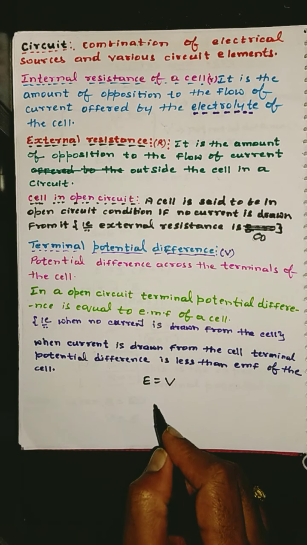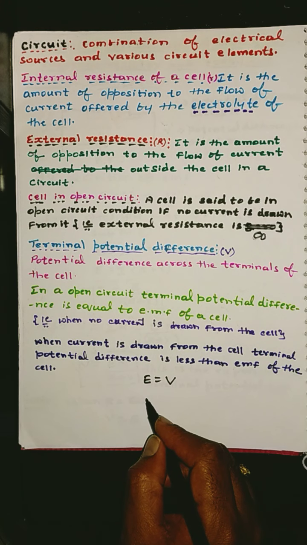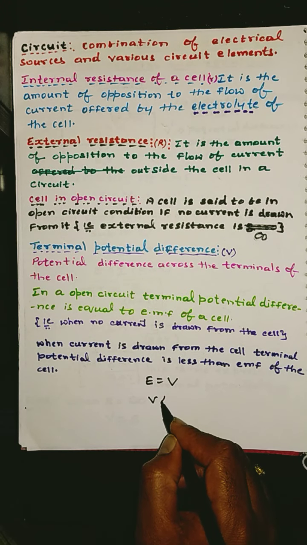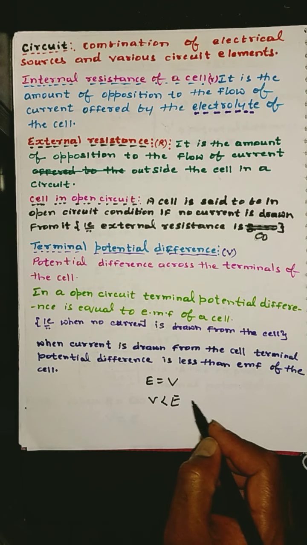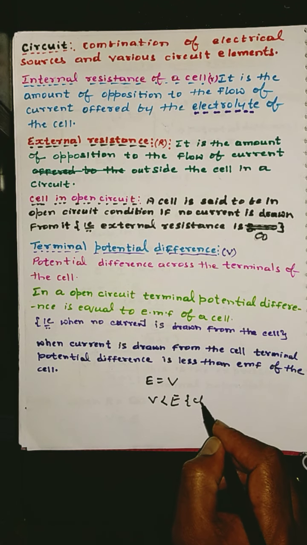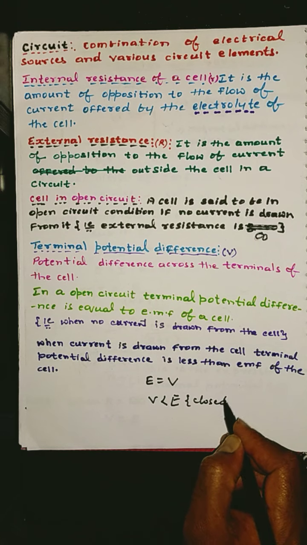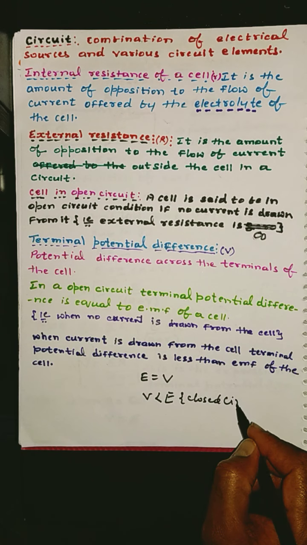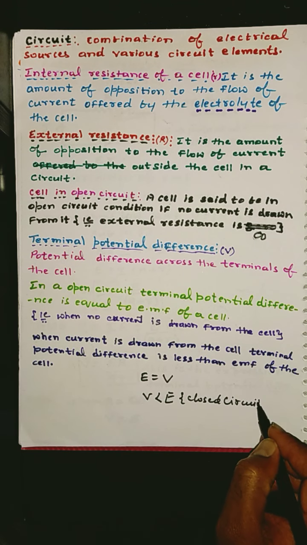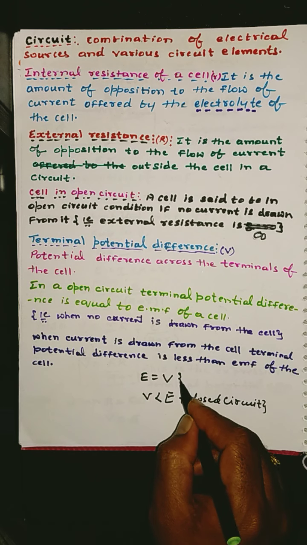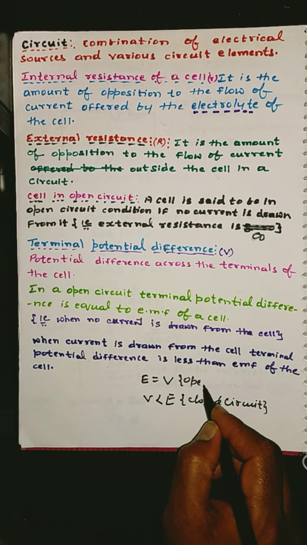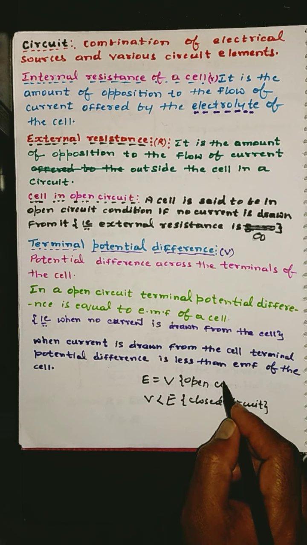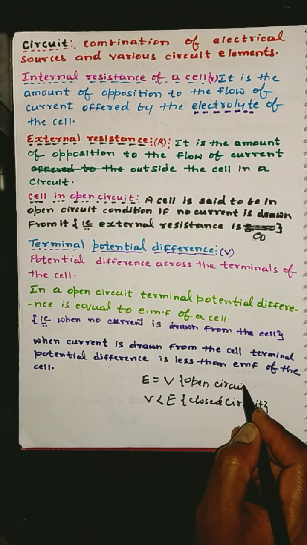In all other conditions, you will find that the terminal potential difference will be less than EMF. This is when closed circuit, that means current is being drawn from the circuit, whereas this is open circuit. These points are very important, particularly for 1 mark questions and for your entrance exams.